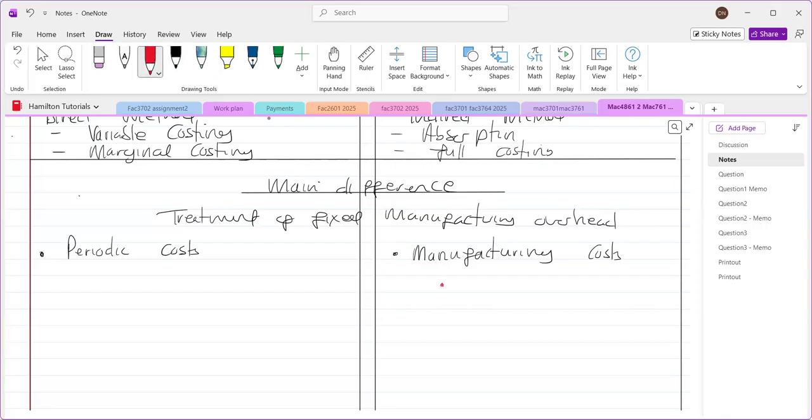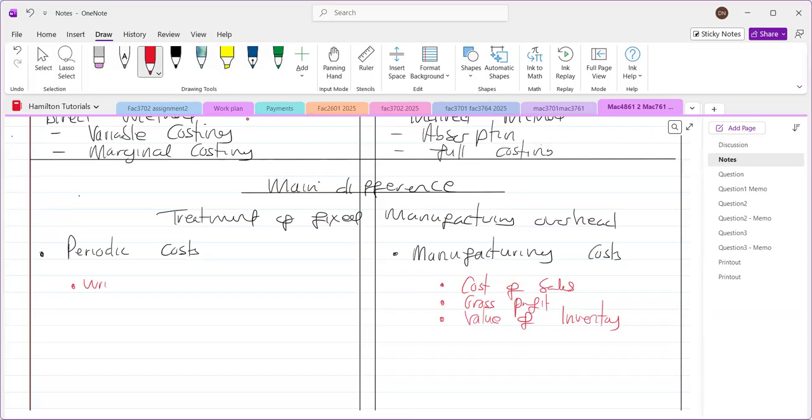This here is going to be included in the calculation of cost of sales. This is going to be included in the calculation of gross profit. This is going to be used to determine the value of inventory. Not just closing inventory, let's just say value of inventory. When you determine the value of inventory, you always use manufacturing costs.